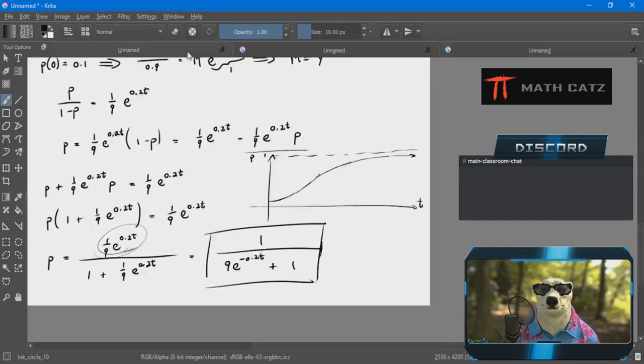You can see in the graph that the growth rate, which is still the slope of this graph, increases up to a point, the inflection point.